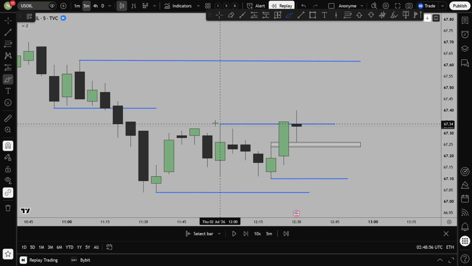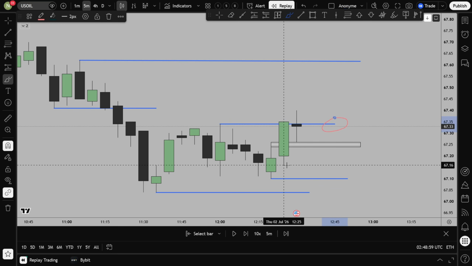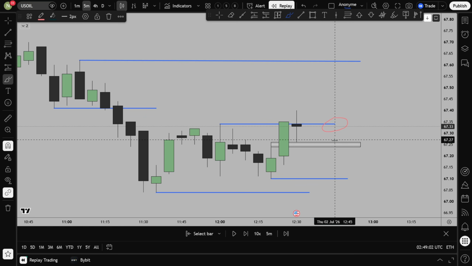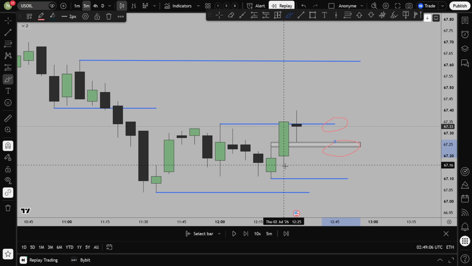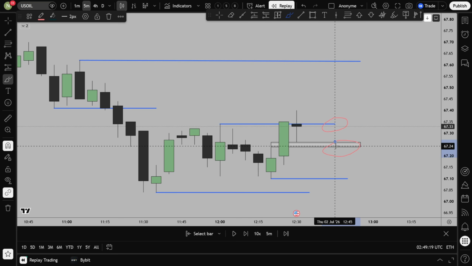In here, it could hold this line. It could hold something in between that we called an area of interest in the last video. So we are looking for an area of interest, which I said was a micro structure break or something, meaning you could enter here, or you could enter in the fair value gap.